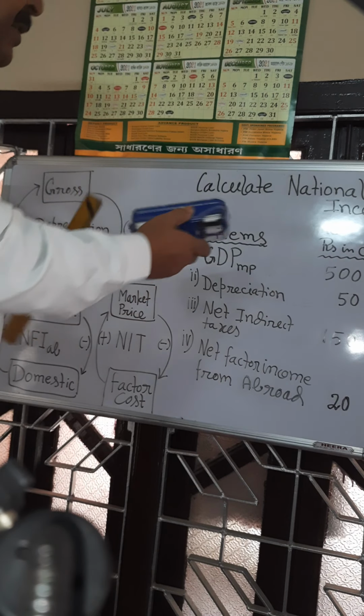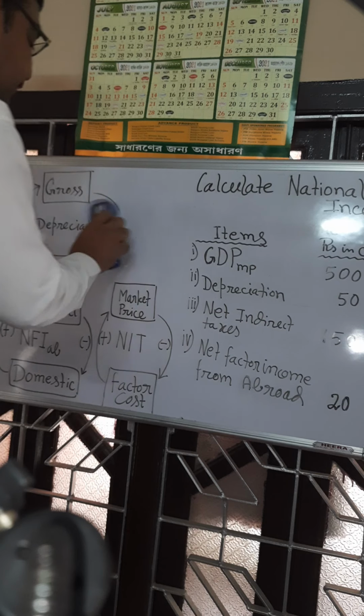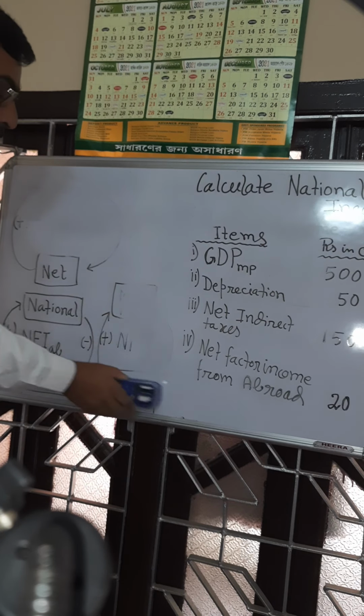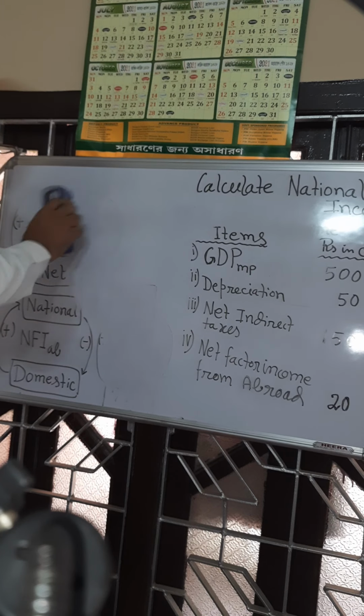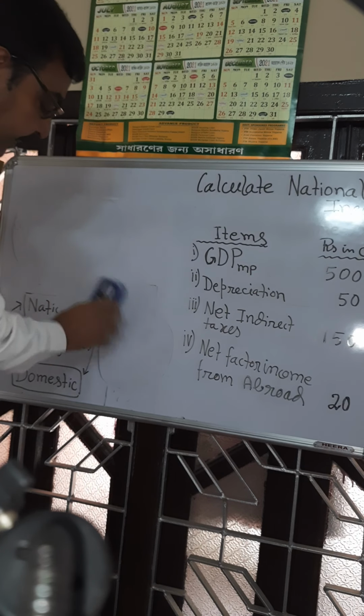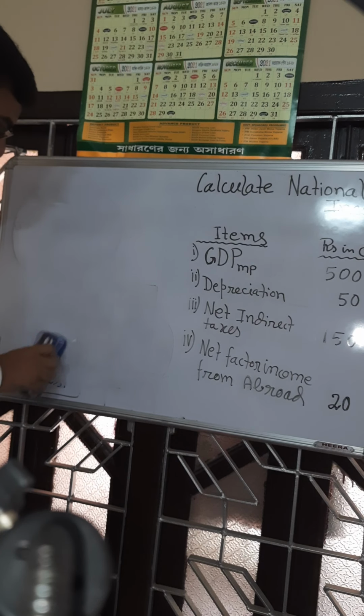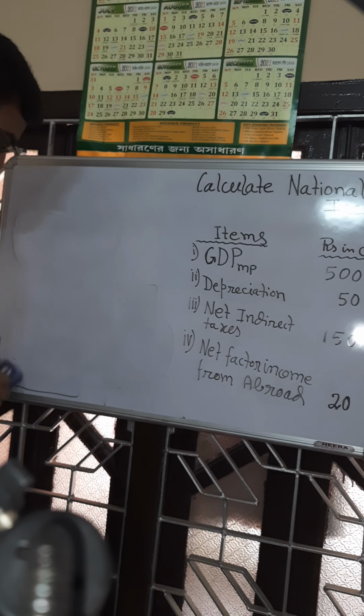Let us do the sum given here. We have to calculate national income. And we all know it well that national income is actually net national product at factor cost.